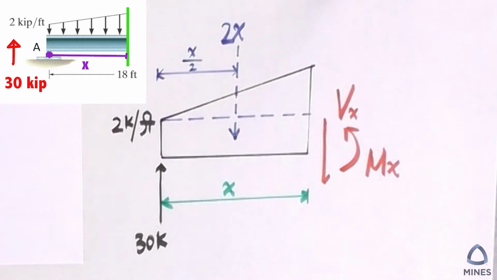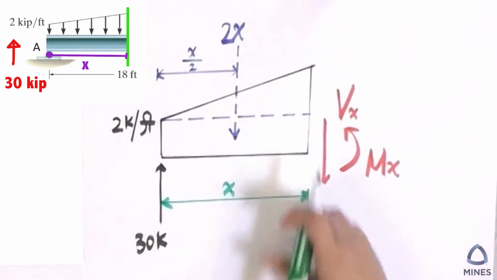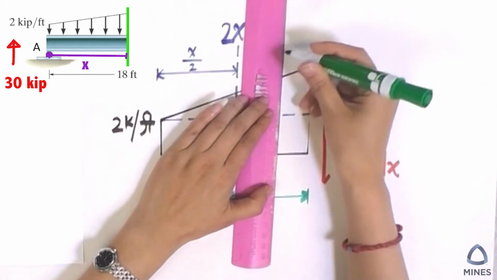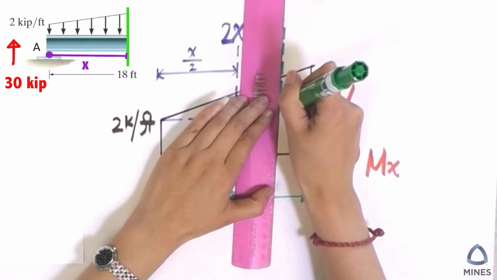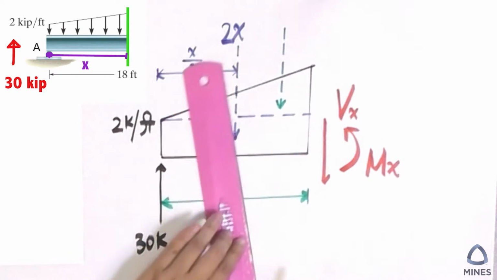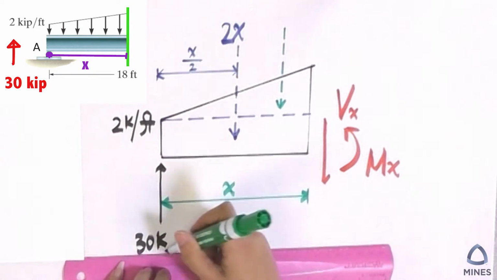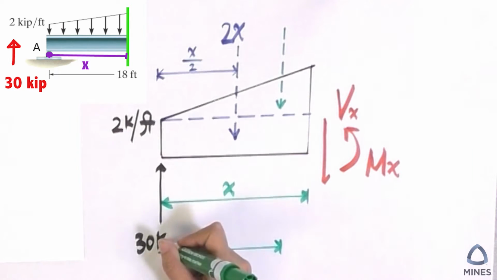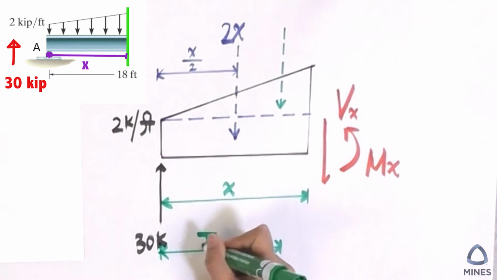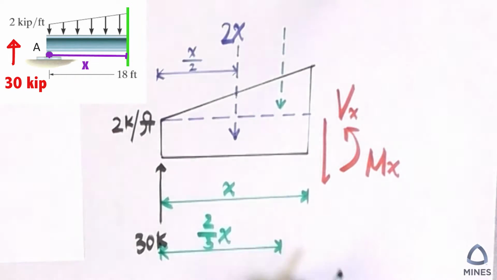Now we simplify the triangle distributed load. Again, it will be acting at the centroid of the triangle, and the distance here is going to be 2/3 of the base. So how much is our load?